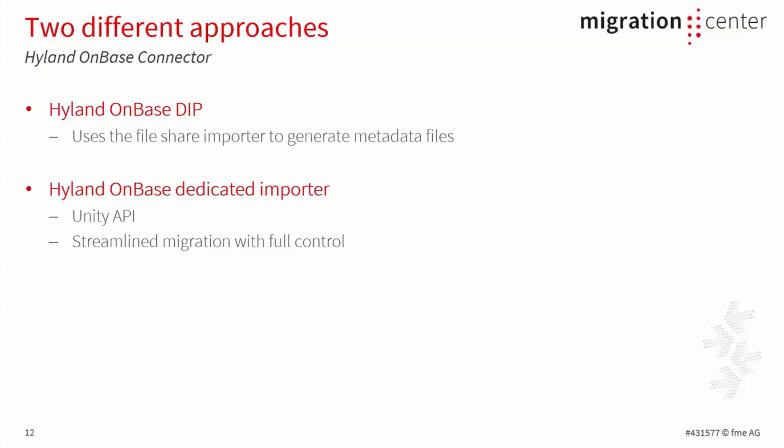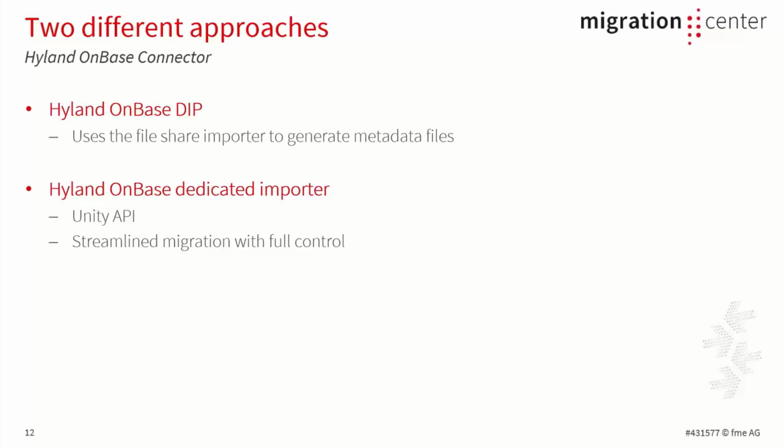Migration Center in that regard prepares all the files which are going to be used in the DIP process to be imported into OnBase. And Migration Center lets you separate the content, organize the batches, and transform the metadata and attribute values as you need them. After that they also get validated, and then you can easily use the DIP process in OnBase.